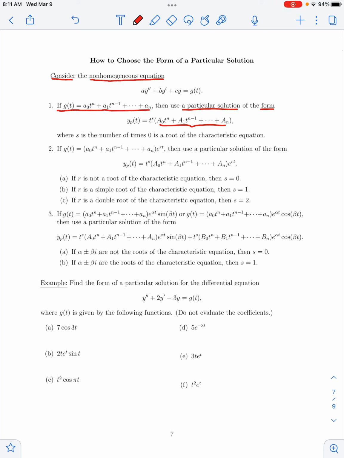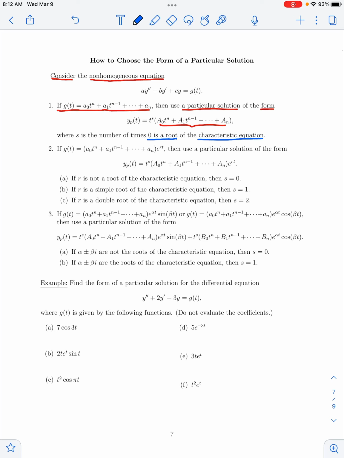And this will be the correct form for the particular solution unless 0 is a root of the characteristic equation. If 0 is a root of the characteristic equation for the corresponding homogeneous equation, then part of our homogeneous solution would involve a constant times e to the 0, or that is, a constant.